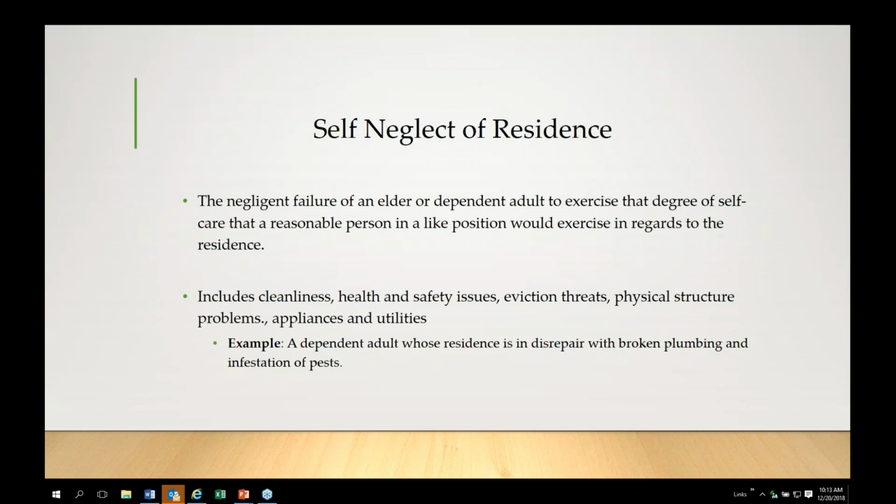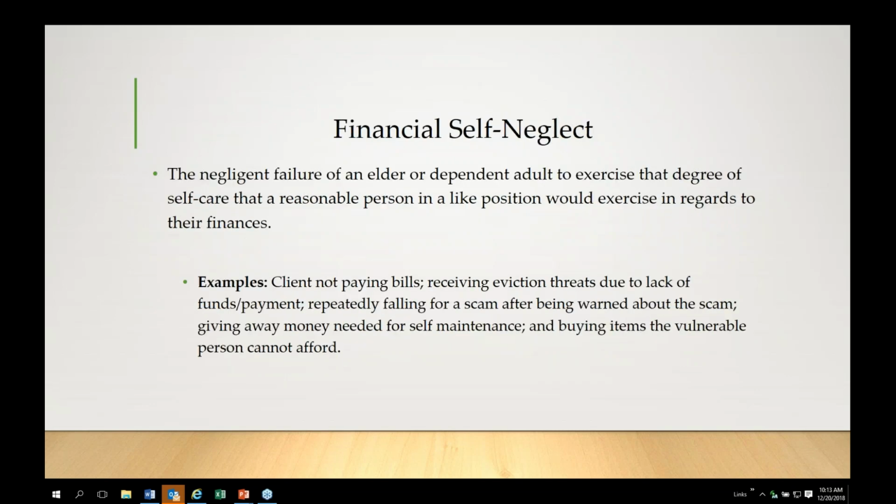And that's going to include most of the things that you were previously putting in health and safety. Financial self-neglect is the negligent failure of an elder or dependent adult to exercise that degree of care that a reasonable person in a like position would exercise in regards to their finances.